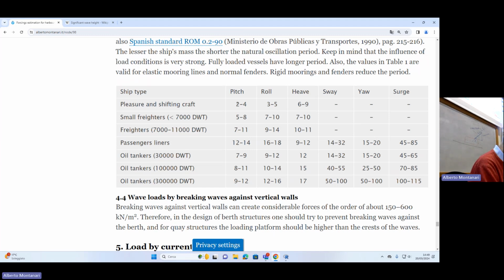Okay, it's characteristic periods in seconds for given ships. Okay, and then another correction here. And then there was the sub.